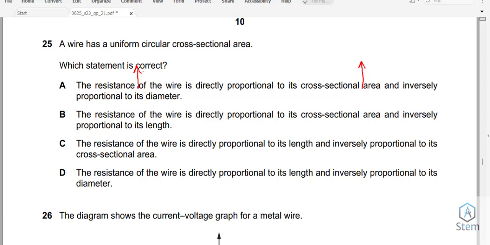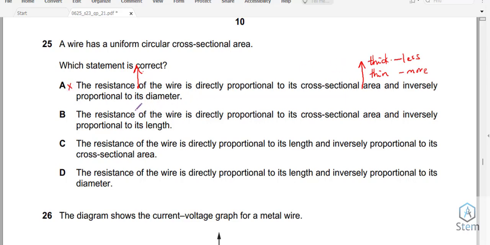Wires that have a greater cross-sectional area, wires that are thick, they have less resistance than wires that are thin. So A is out. The resistance of the wire is directly proportional to its cross-sectional area.